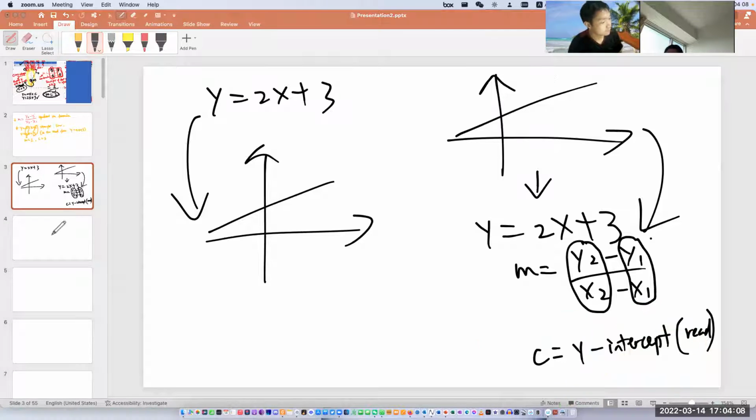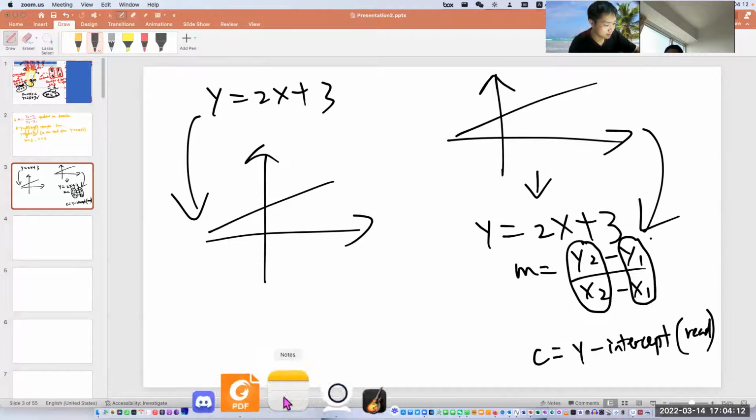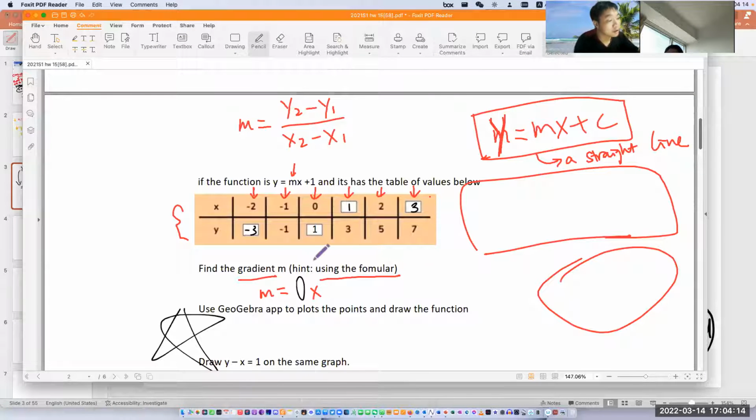Okay, next. Let's look at our questions. Then over here, you must be asking, hey, what's my second pair of x and y? What's my first pair of x and y? You look at this. By the way, this is supposed to be not known.